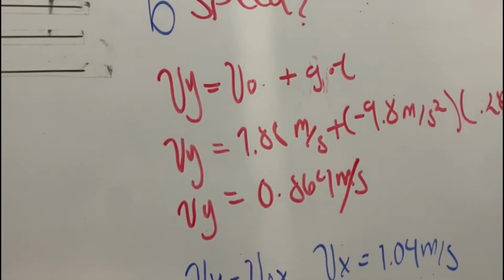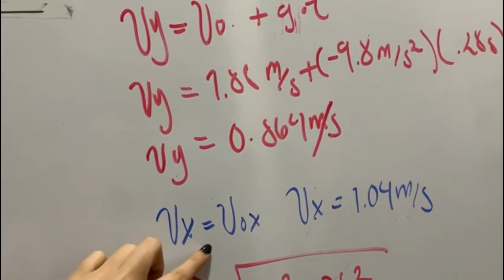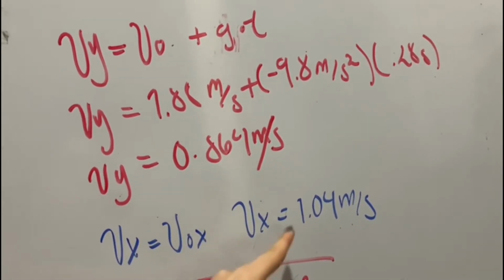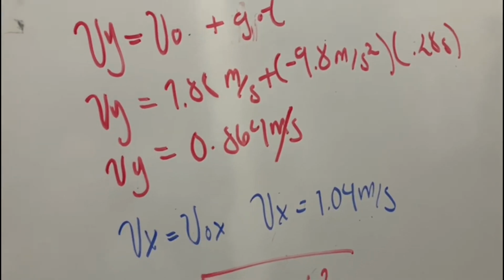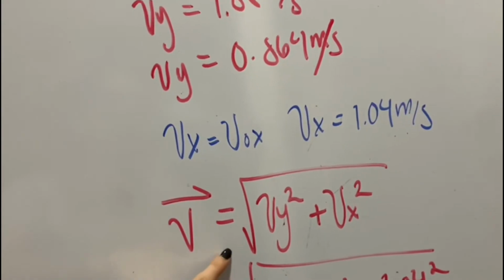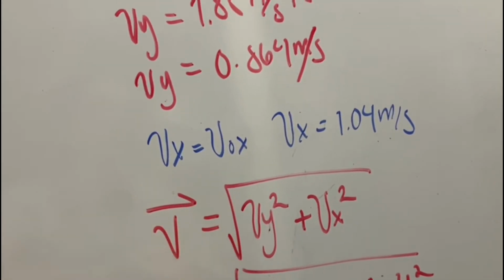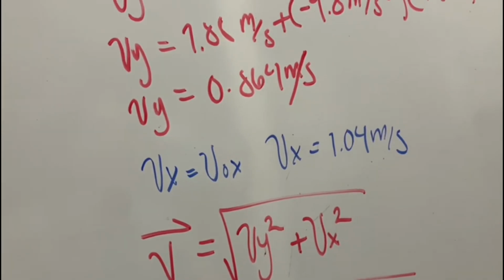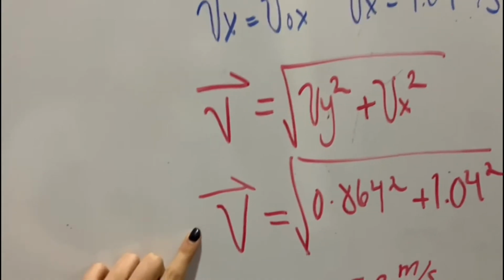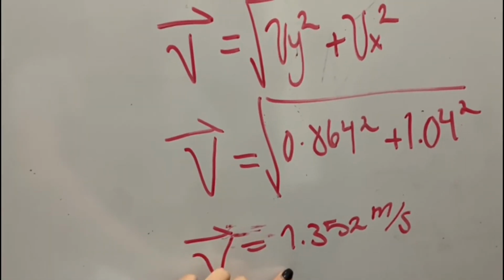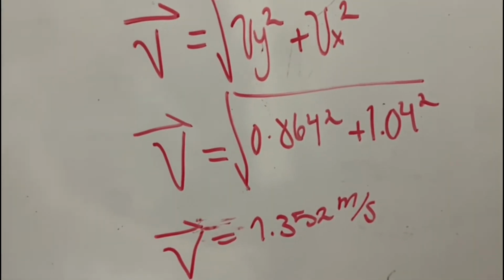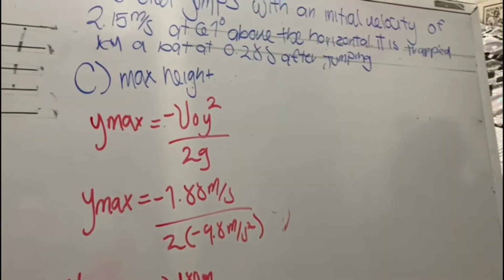The final velocity of x is equal to the initial velocity of x, so the final velocity of x is 1.4 meters per second. Now the formula for the total speed says the square root of the final velocity of y squared plus the final velocity of x squared. We substitute the values and we get 1.352 meters per second.